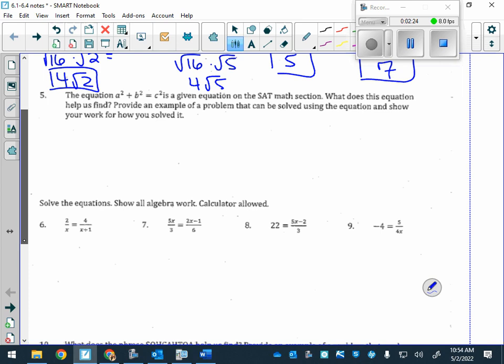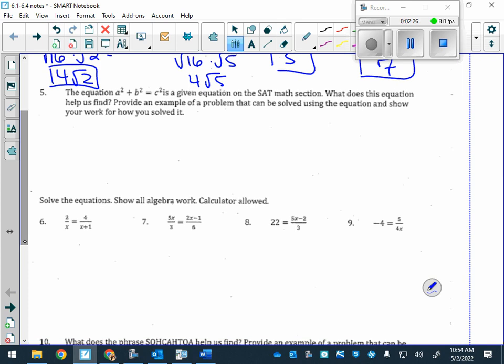All right, number 5, who remembers this equation? Okay, Campbell, what is it? Good. Pythagorean theorem.